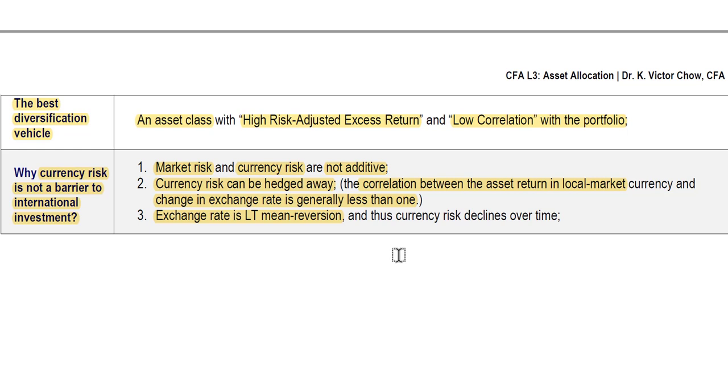Therefore, holding for a long period of time, the currency risk will decline over time. Therefore, with the mean reverting process of exchange rates, we may probably ignore the currency risk for international investment. Okay, so these 3 are important points that you need to put in an exam to justify your answer.